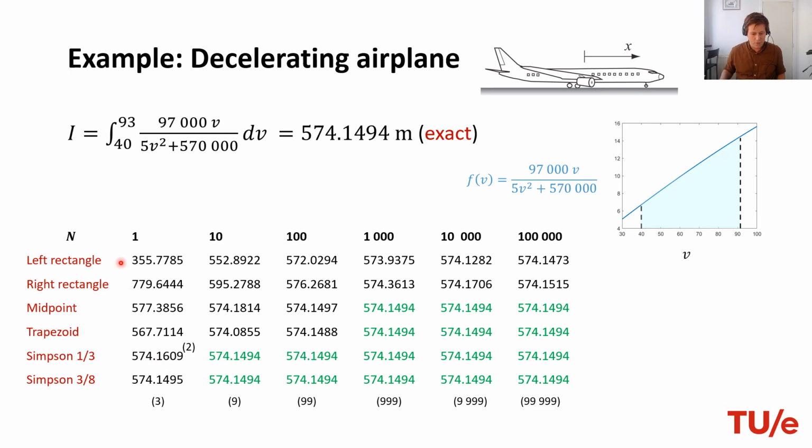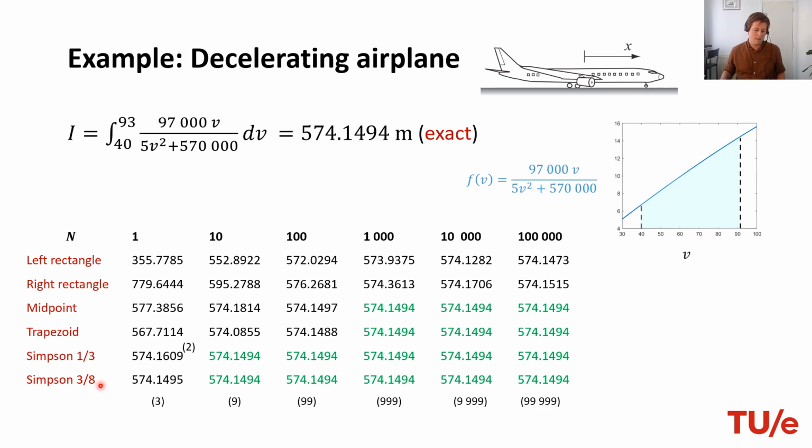What I want to show you here is that even for only 2 and 3 subintervals, so that is the most basic form of Simpson 1/3 and Simpson 3/8, we are already quite close to the rounded value for the exact value of the definite integral. So this is already much more accurate than trapezoid, midpoint, or rectangle rules.